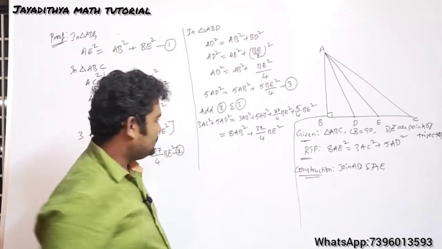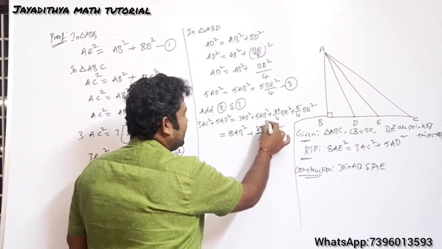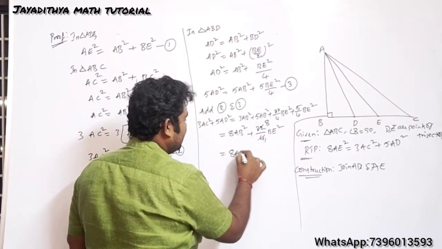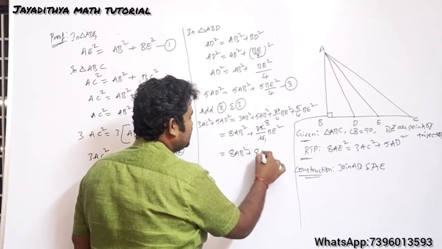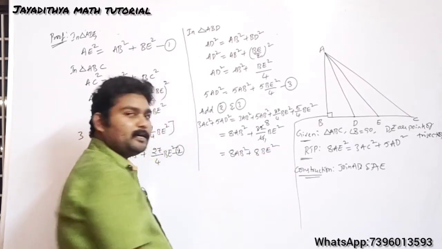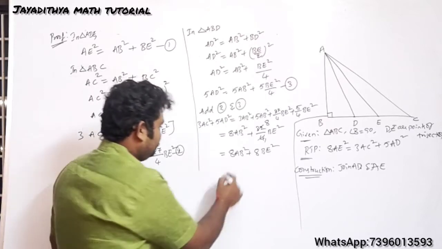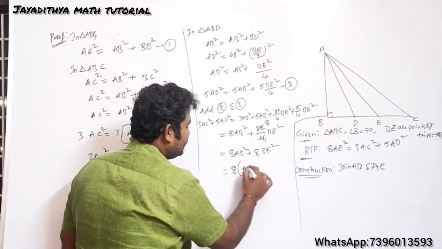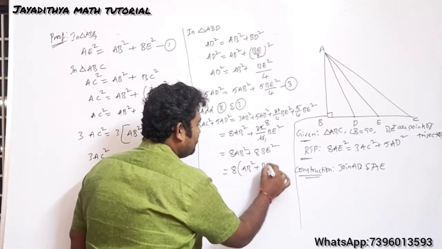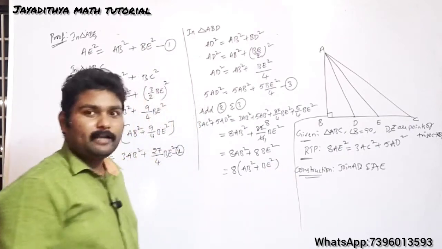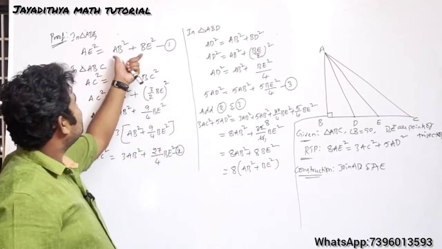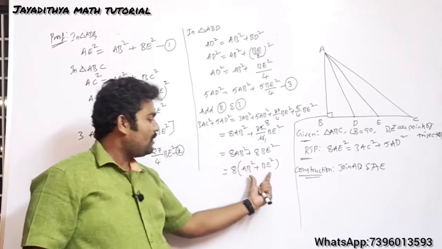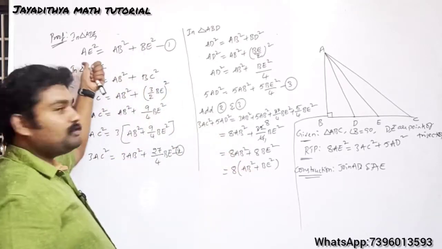If you simplify, what happens here? So 4 eights are 32, so this is nothing but 8AB square plus 8BE square. So in both the terms you have 8. Take 8 common. If you take 8 common, then it will be AB square plus BE square now. Right, now you observe. Here we have AB square plus BE square, that is equal to AE square.